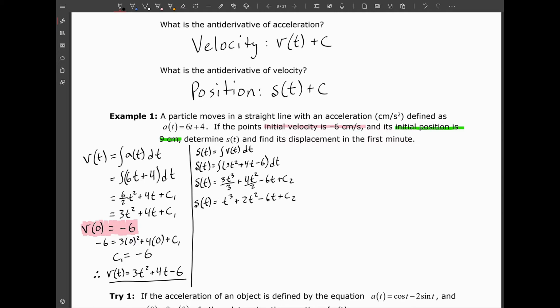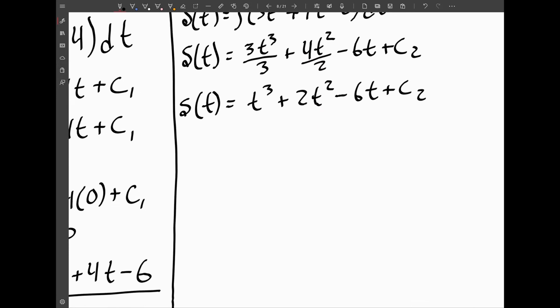Okay, but as you might imagine, now we need to solve for c2. But hey, we've been given another initial condition, that the initial position is 9 centimeters. So when t is 0, our initial position, we know that our position is 9.